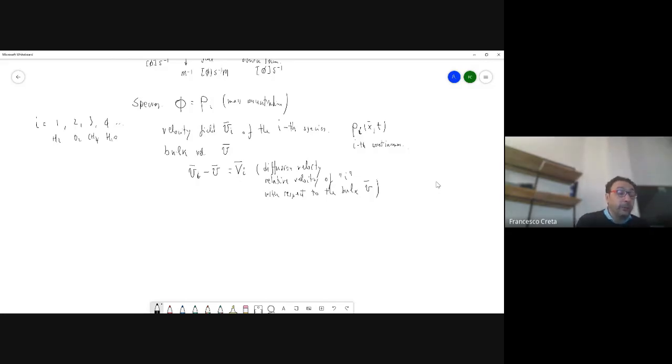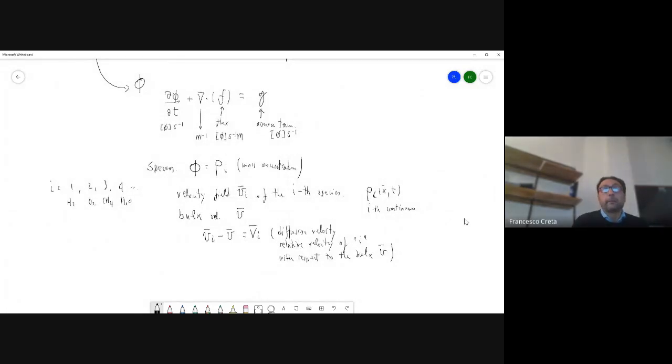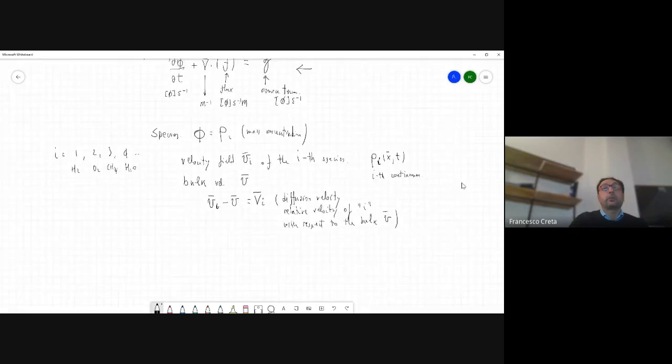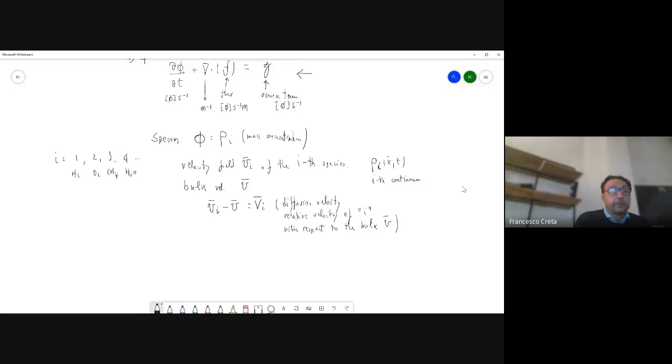And so, how do we write our conservation equation? Well, remember the general form of the conservation equation. So now we want to write the conservation equation for species i. So phi now becomes our concentration, for example, the mass concentration. What about F, the flux? Well, the flux can be expressed as rho_i times the velocity.